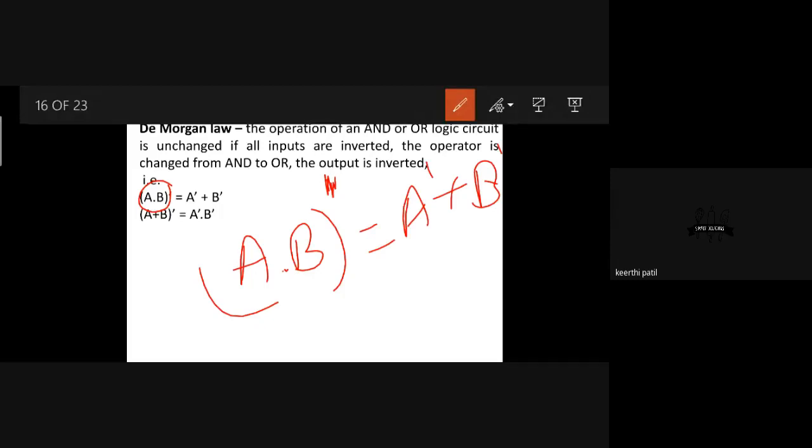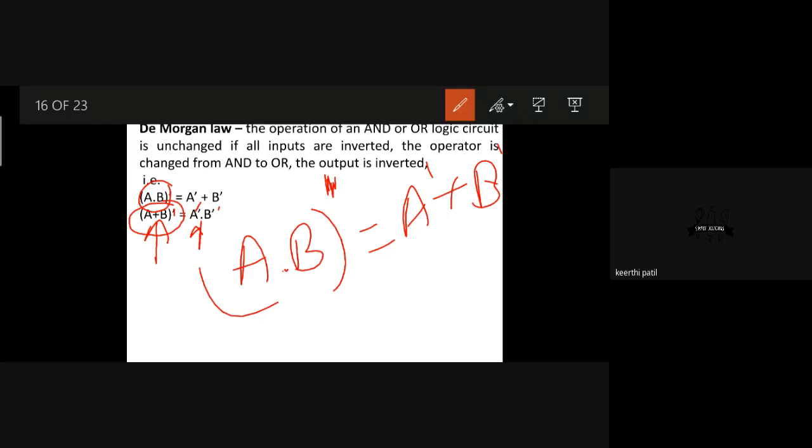This is your De Morgan's law. Reverse, you see this new example, A plus B whole bar, which is equal to A bar and B bar, this negation comes to both individual variables, and this OR sign gets changed into an AND sign.